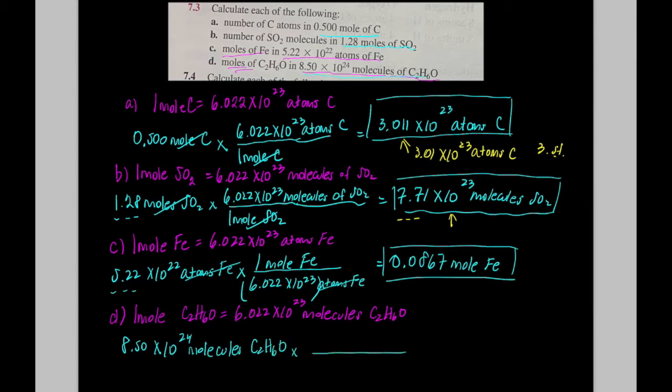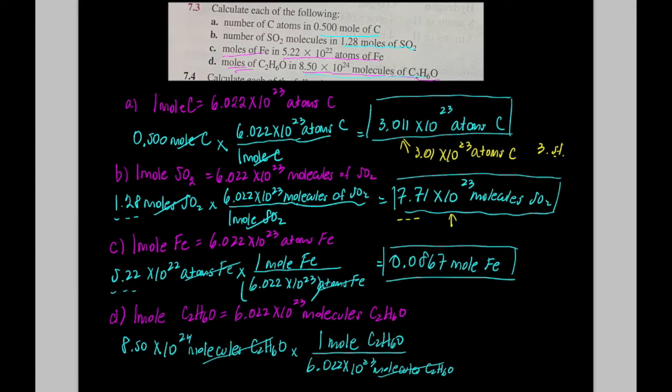In order for the units to cancel, we want Avogadro's number to be on the bottom. Unfortunately, there's no abbreviation for molecules. And on top, we have 1 mole of C2H6O.